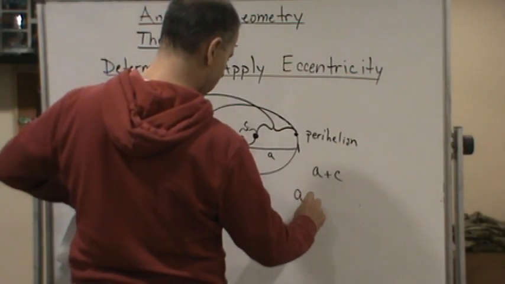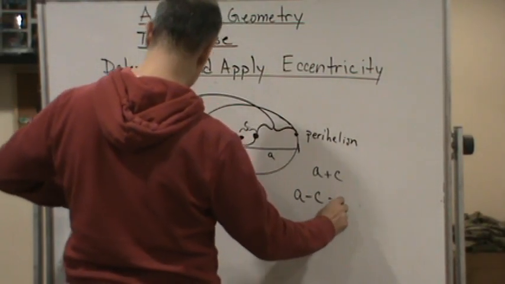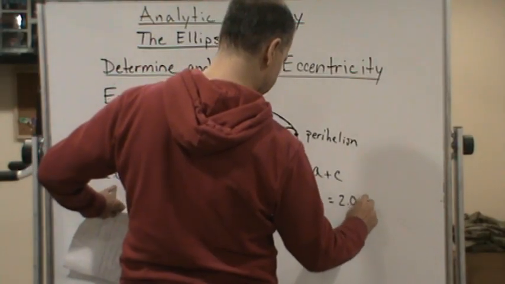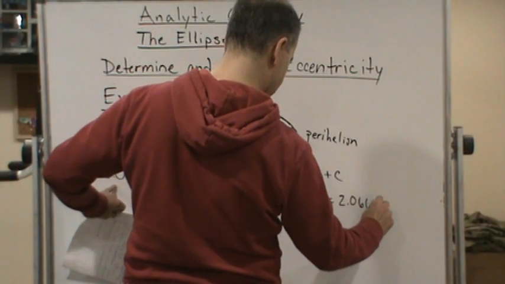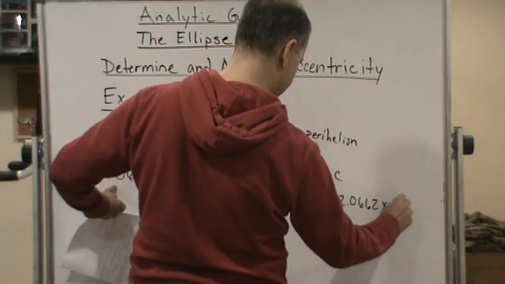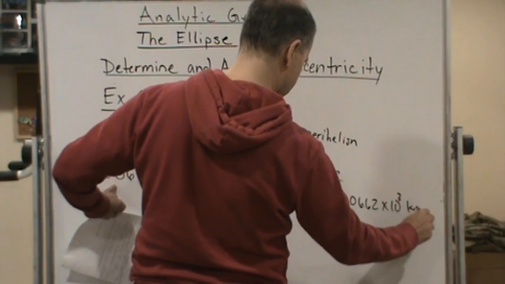A minus C, which is equal to 2.0662 times 10 to the 8 kilometers.